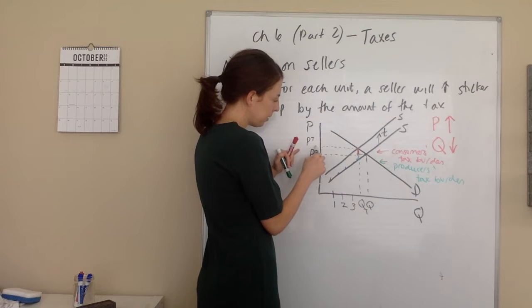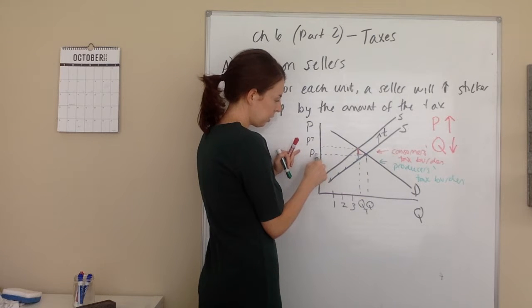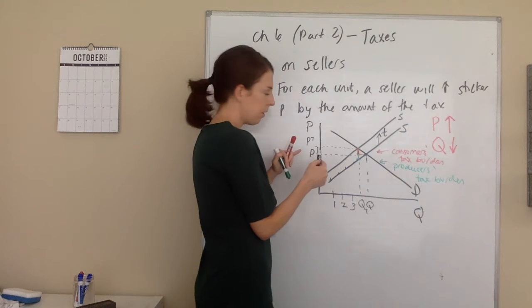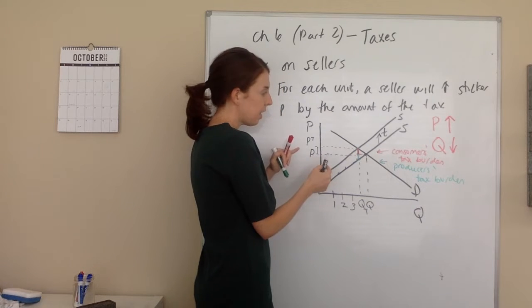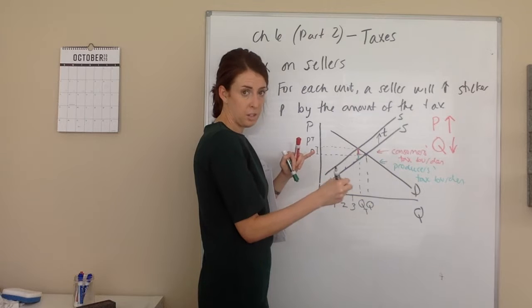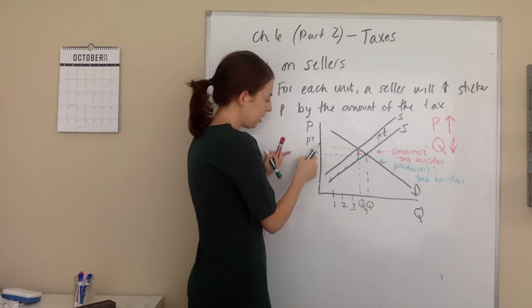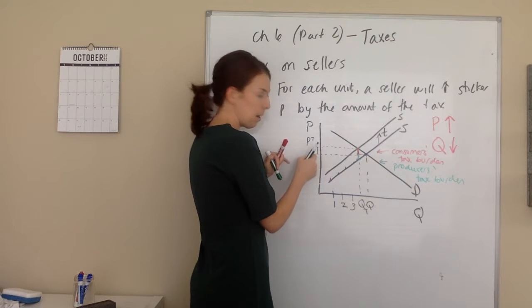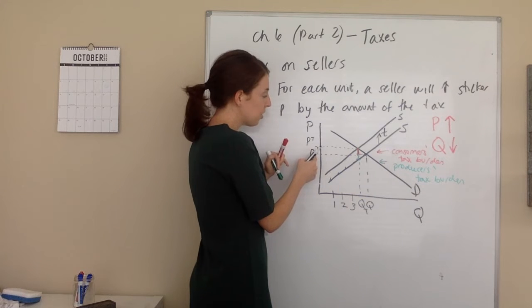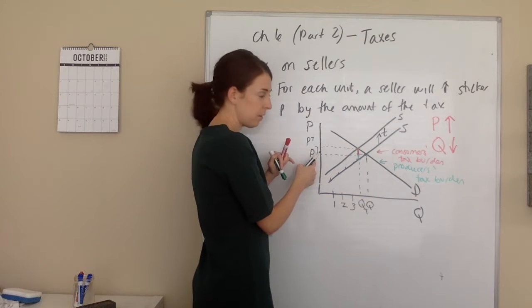So Publix used to be bringing in P dollars per bottle. Now they're bringing in PT dollars per bottle. So they're making more, but they're the ones that have to write the check to the government. So they're going to take this excess amount they're getting per bottle, but then they're going to have to subtract from that the whole amount of the tax.